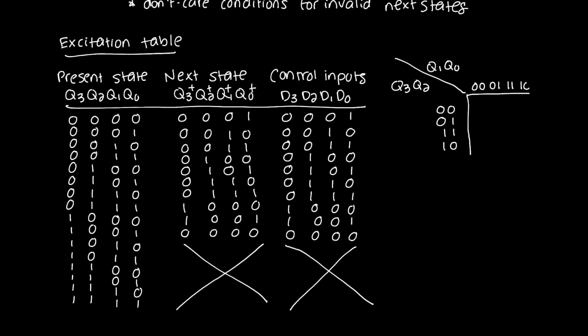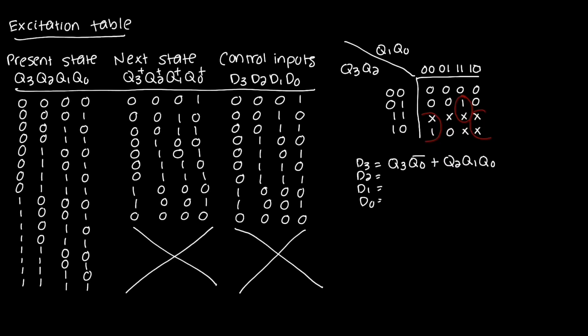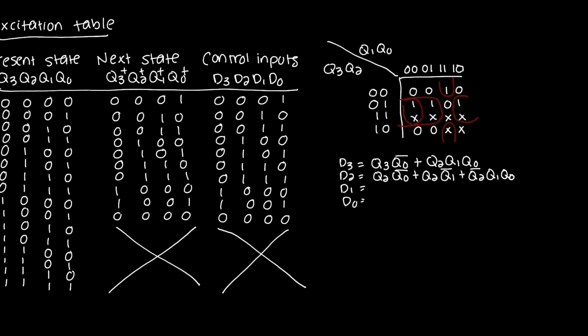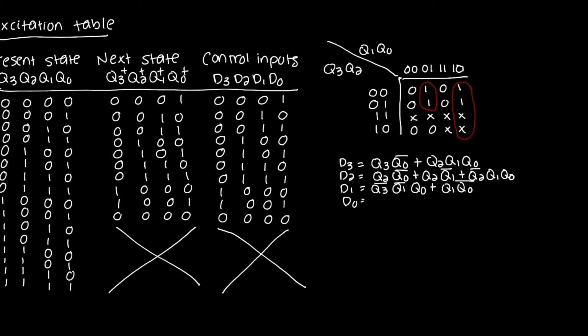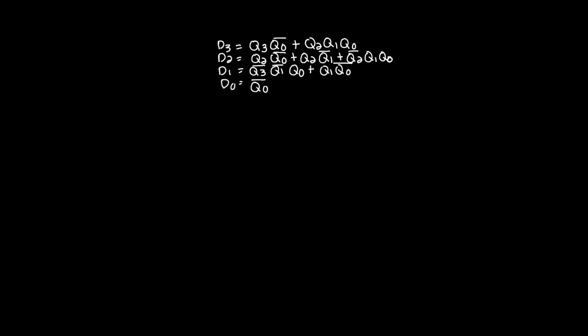Now, I want you to keep in mind what the purpose of these K-maps are. The purpose of them is to express each control input, so D3, D2, D1, D0, in terms of the present state Qs.